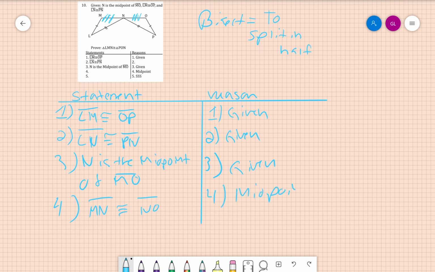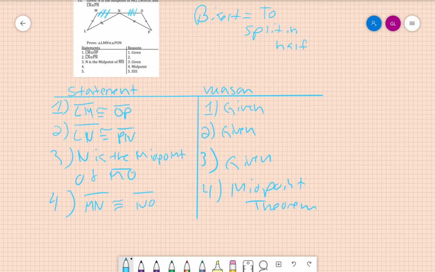We'll write it, midpoint theorem. We just talked about earlier that if you have a segment being bisected, both of those segments that have been created are now going to be congruent.